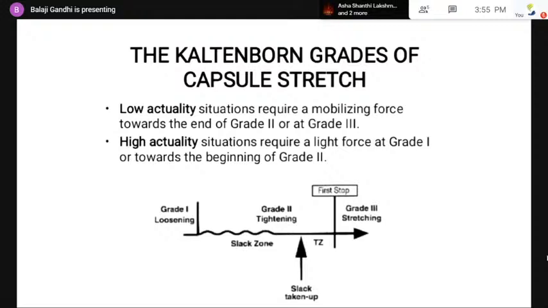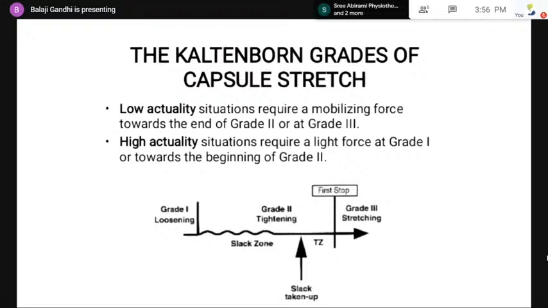Grade 1 is in the loose pack position. Completely the capsules, everything is loose. In the loose pack position, you give the mobilization. Grade 3 is a complete close pack position, complete taut. The capsule of the joint is taut, and now we are giving a mobilization. Grade 2 is not loosened or fully stretched. It is in a little tightened state, and in that state we give the mobilization.